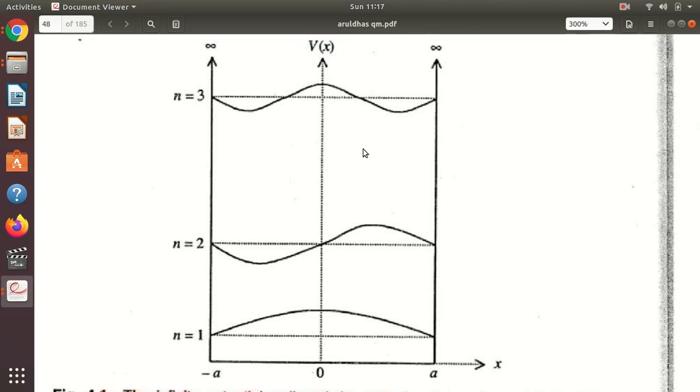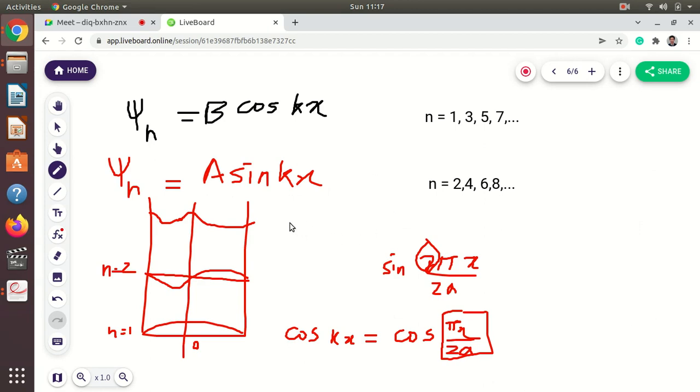Okay, so for n equal to 4, again we will get a sine function. For n equal to 5, again we will get a cos function. So when n is odd, we get a cos function. When n is even, we get a sine function.